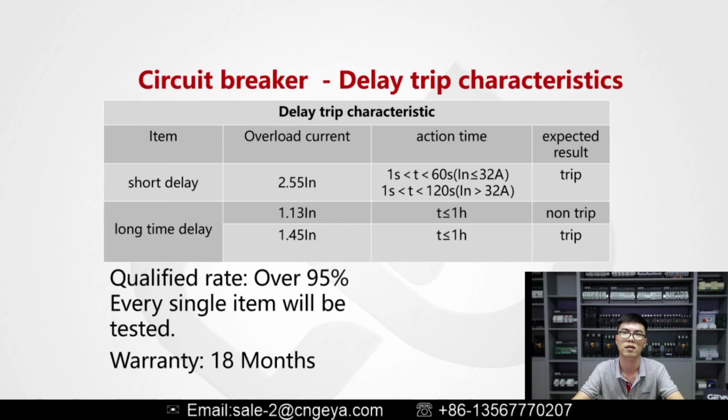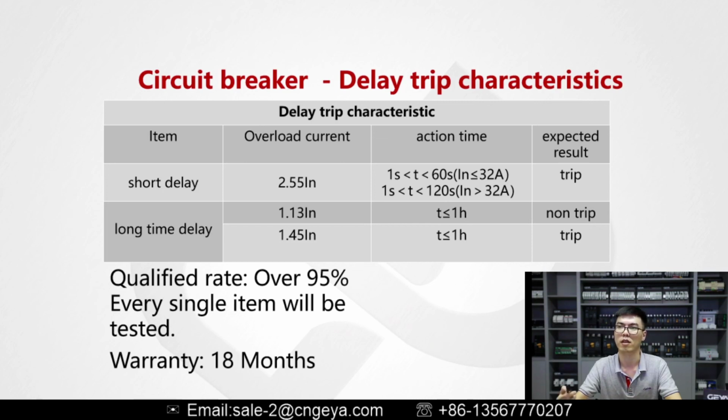And the next characteristic of this circuit breaker is the delay trip characteristic. It has two different delays, short delay and long time delay. I will explain according to short delay. For example, overload current. When the overload current is 2.55 times the rated current, the action time should be between 1 second to 60 seconds.